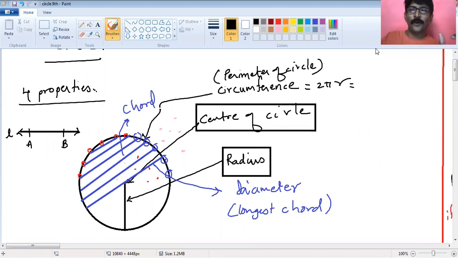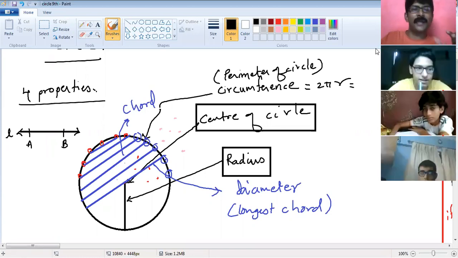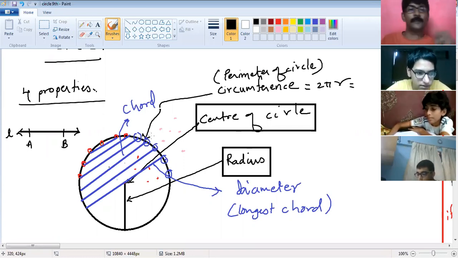I hope you understood what exactly is a line and a line segment, and then the center of a circle and what is a circle. So I have cleared four concepts by now. I'll repeat quickly so that if you're watching the video carefully, you will understand. First, what is a circle?